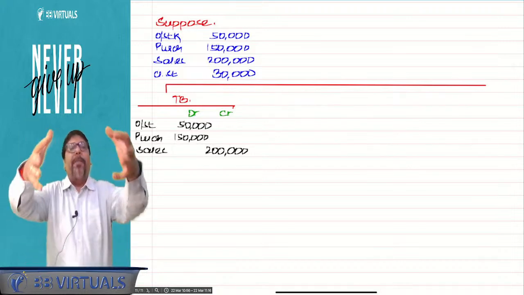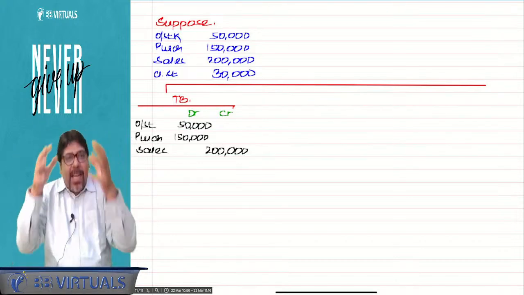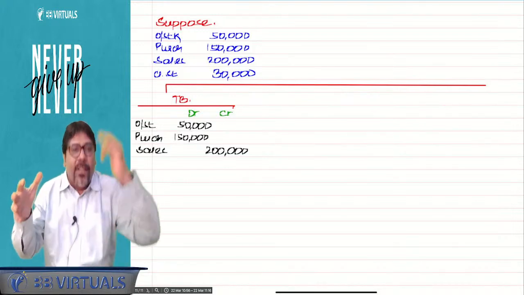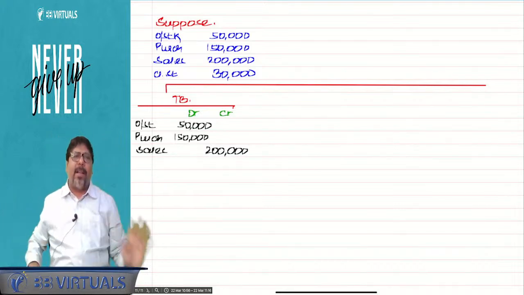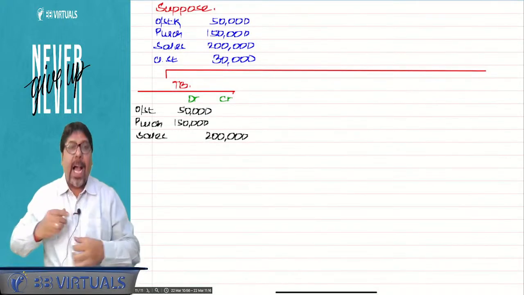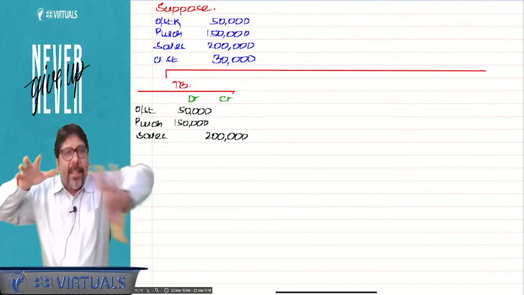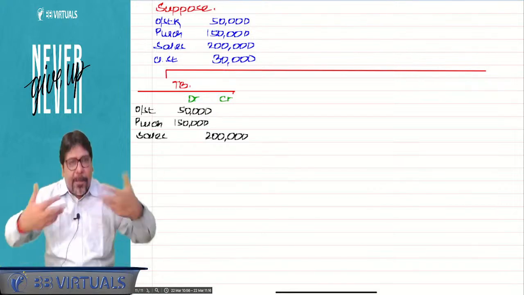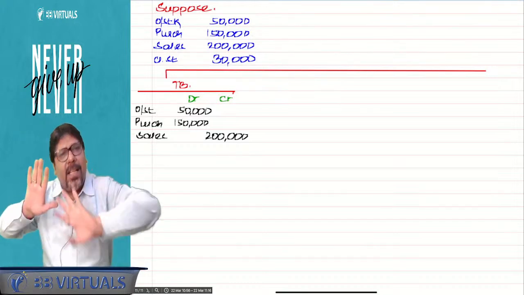So if I purchase stationery, that part of the stationery which I have used in the current year, popularly known as consumed in the current year, is my expenditure and will be transferred to P&L debit. Are you understanding?